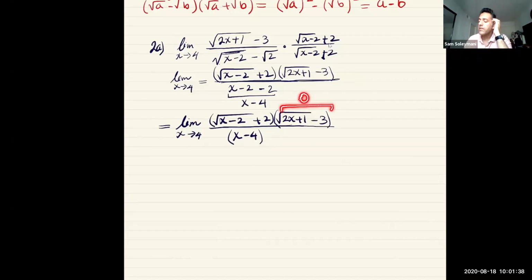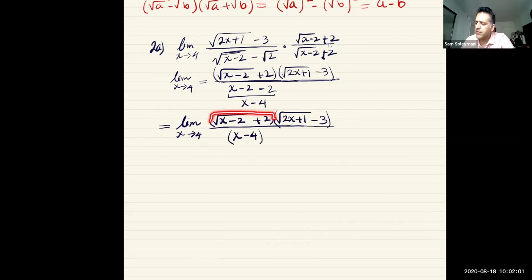It's still a 0 over 0 indeterminate, and you can't cancel these out because they're not the same factors. This guy, square root of x minus 2 plus 2, is not 0.